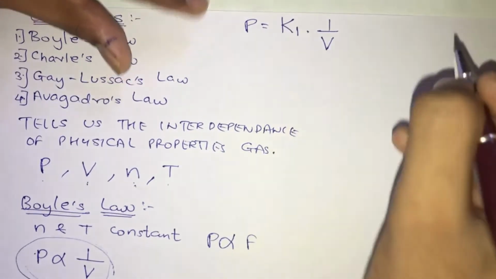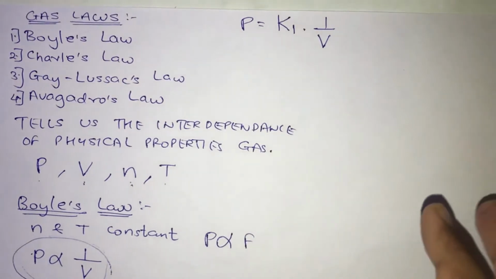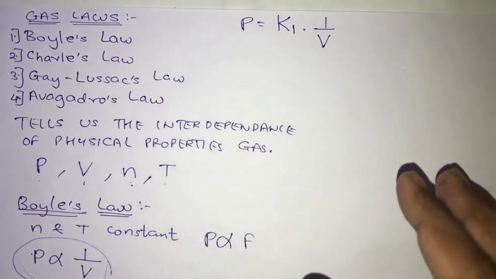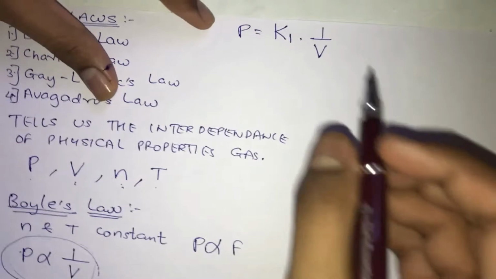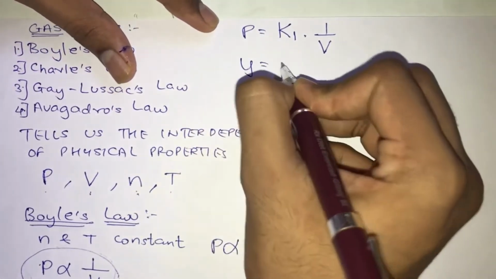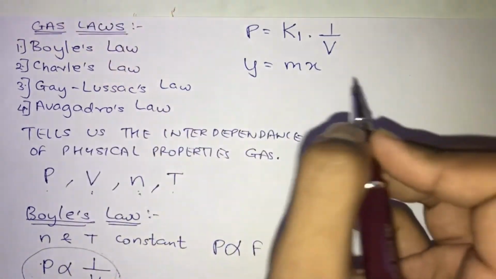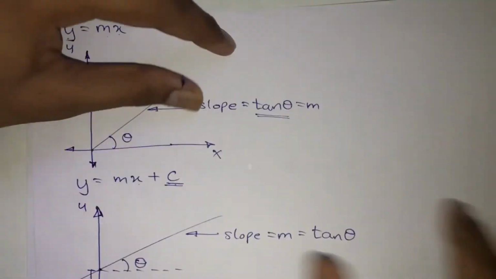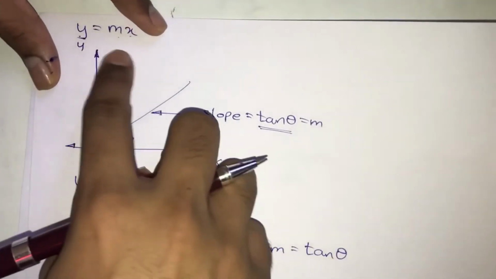Okay, so guys, I hope this much is pretty much clear for you all. Now, can I compare this with the equation y is equal to mx? See over here, I already told you all y is equal to mx.